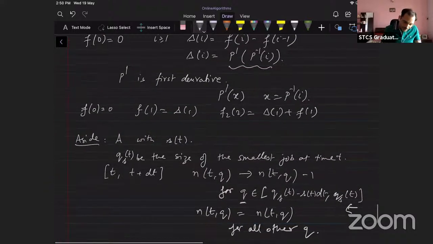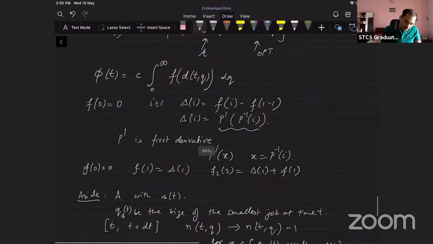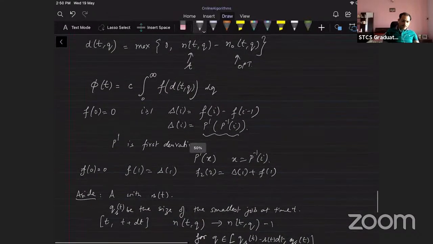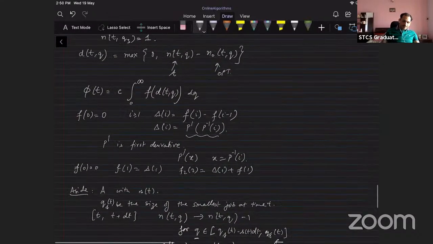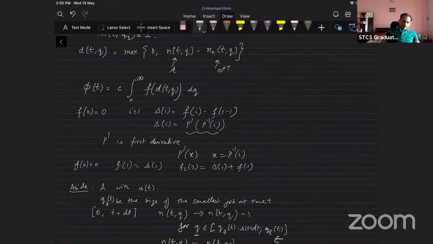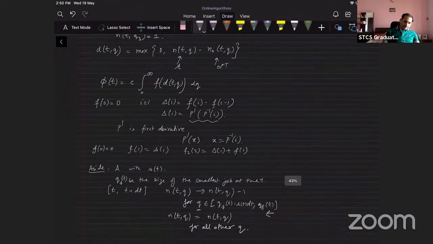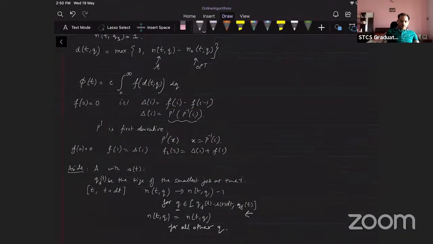Now using this, can you tell me what will be the derivative of this function phi of t? Now it's not very difficult to say. In terms of delta, if you want. So in a small time interval t and t plus dt, how does the difference of phi of t and phi of t plus dt look like?